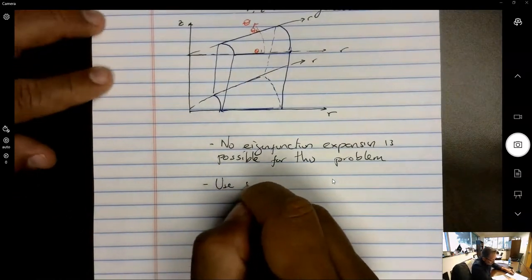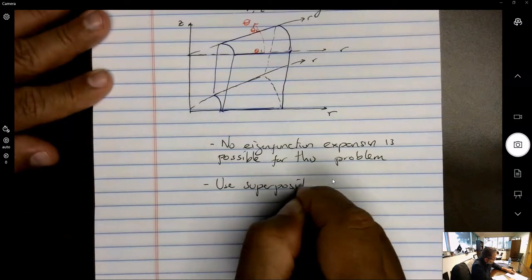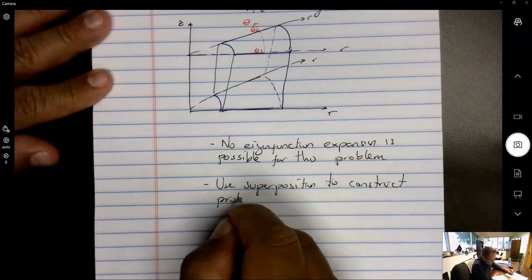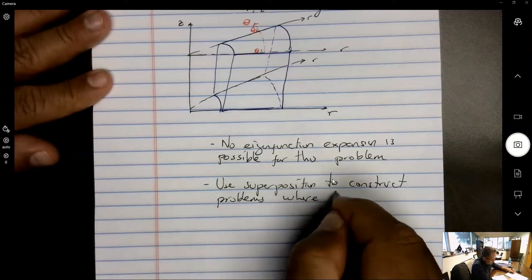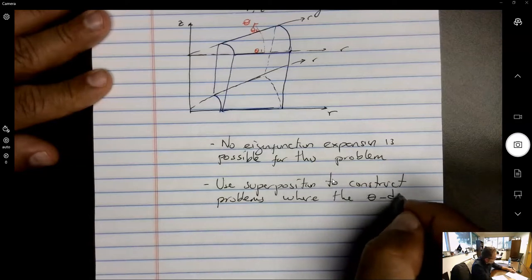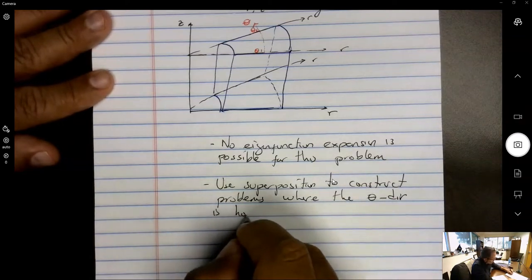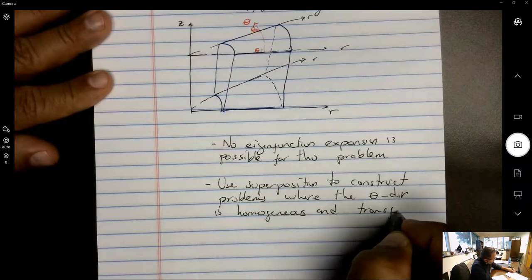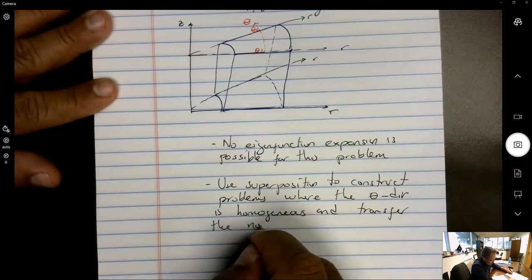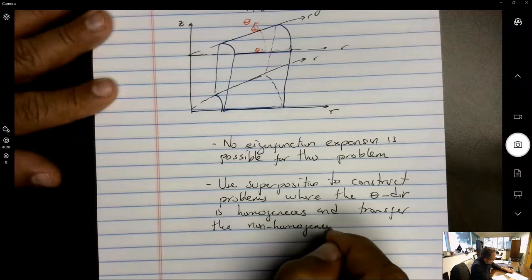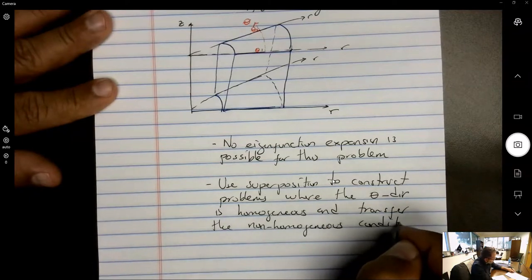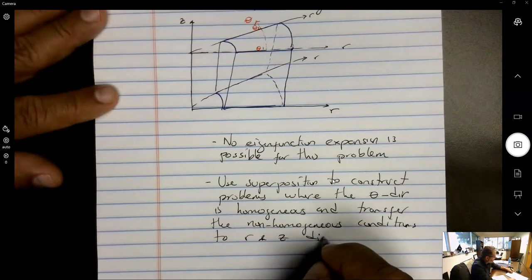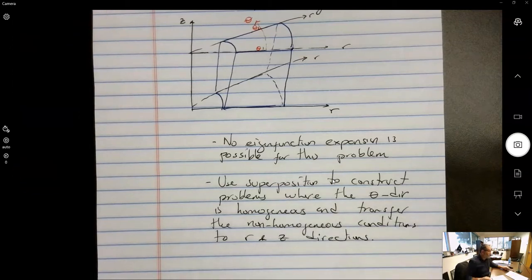We can use superposition to construct problems where the theta direction is homogeneous and transfer the non-homogeneous conditions to the R and Z directions. So that can be done.